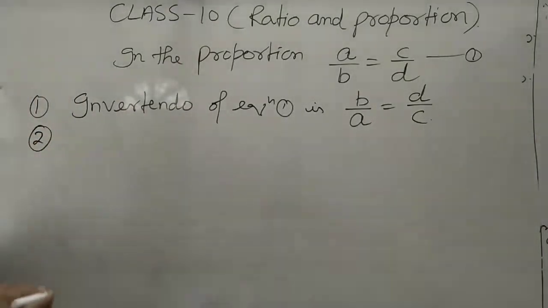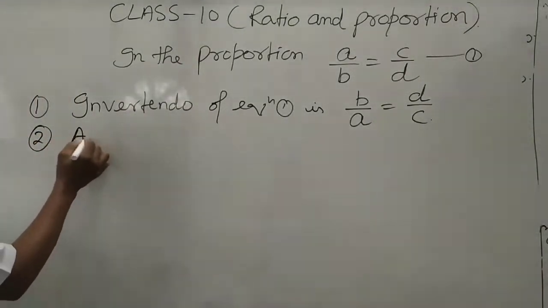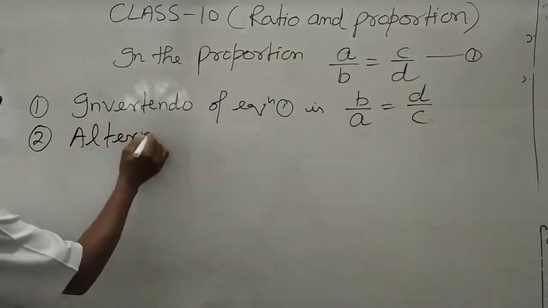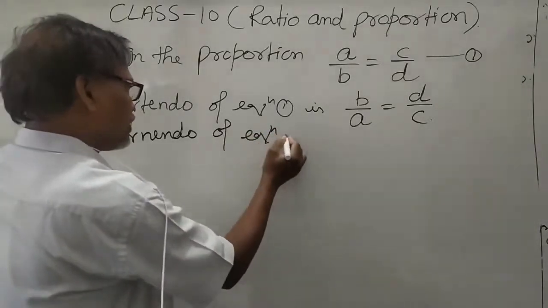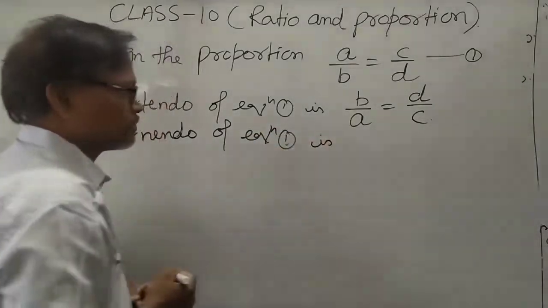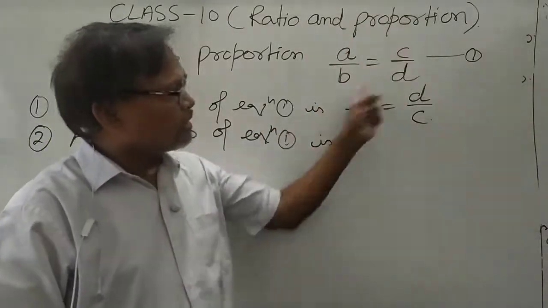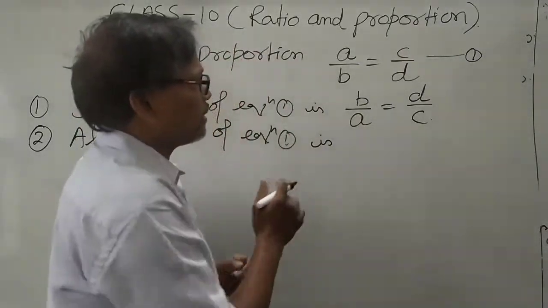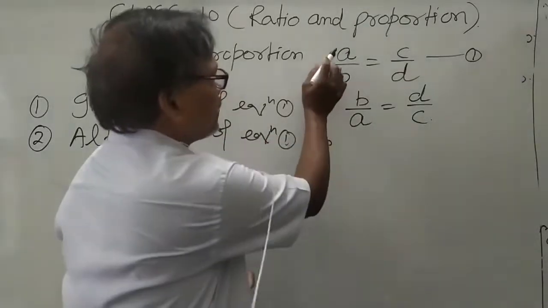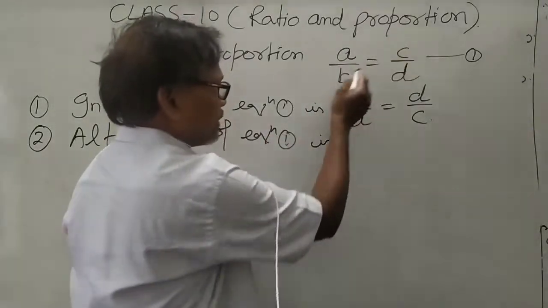Second thing is alternando of equation 1. Alternando means there are two diagonals you can see, one diagonal and the other diagonal.